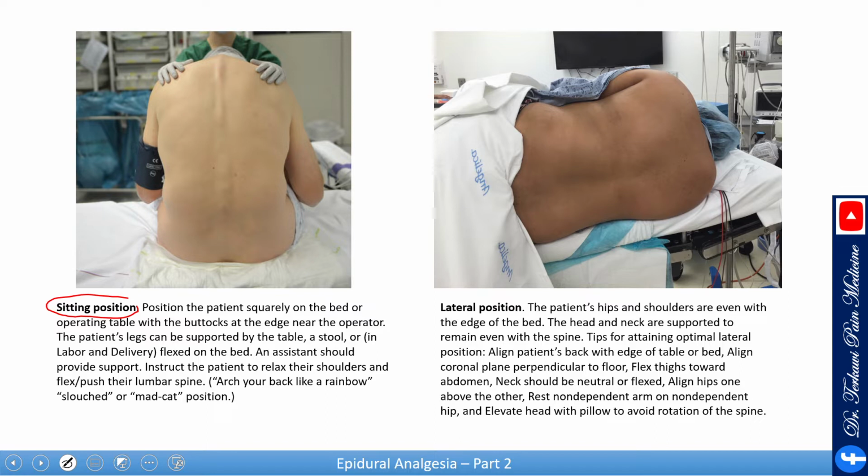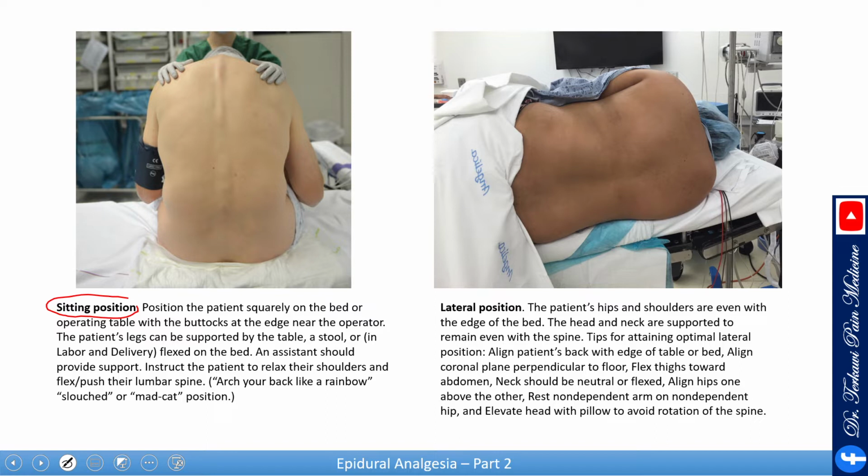I usually give my patient a pillow to hug, and the assistant should provide support from the front and instruct the patient to relax their shoulders and flex or push their lumbar spine. You can use different words like arch your back like a rainbow or mad cat position, whatever you like.